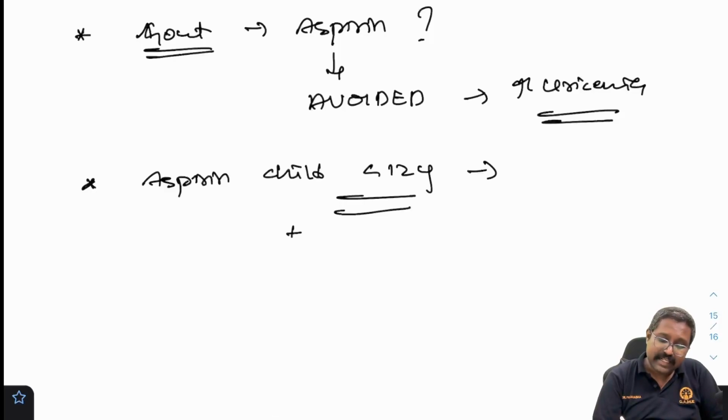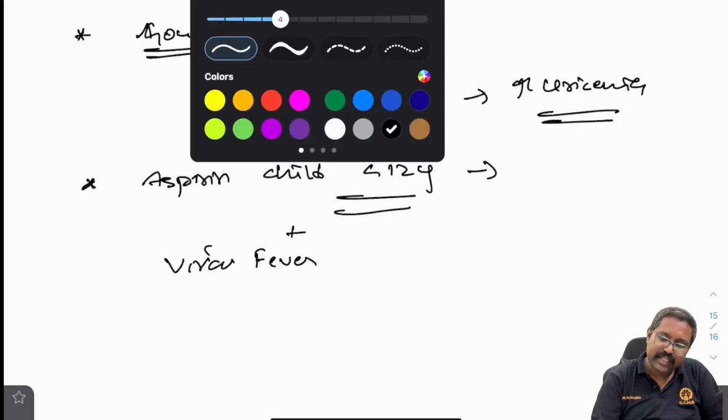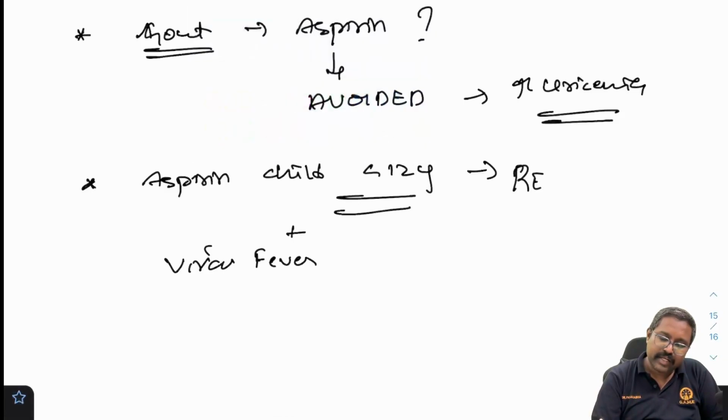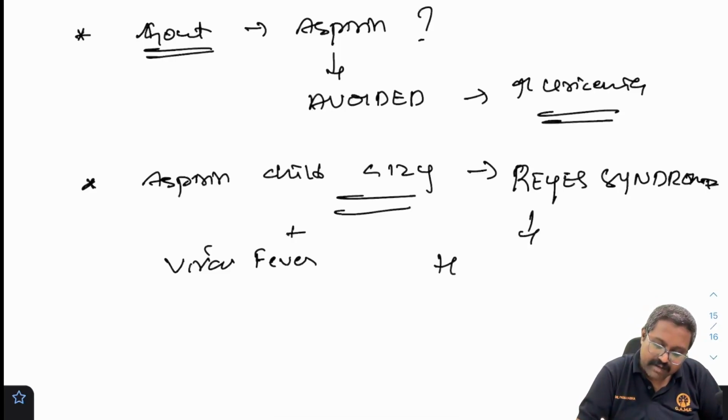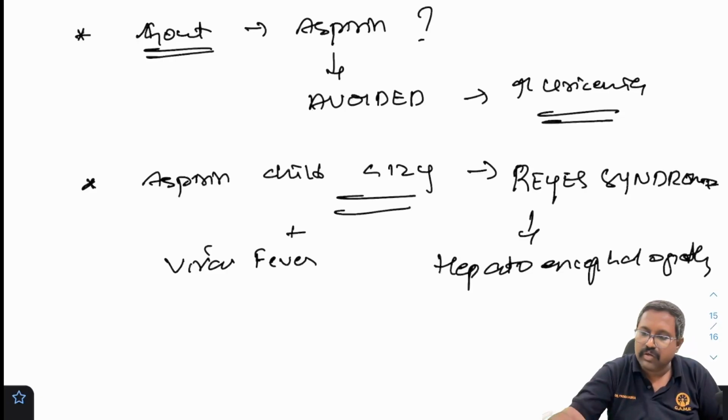Especially if the child has a viral fever, it will lead to Reye syndrome. Reye syndrome means it will have hepatoencephalopathy.